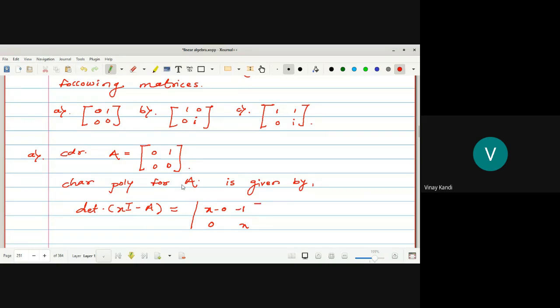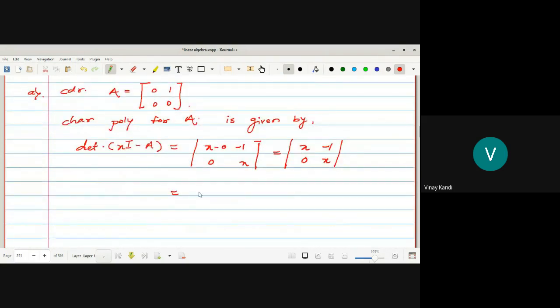So this is the determinant of the matrix x, minus 1, 0, x, which is equal to x into x squared minus 0, that is equal to x squared. So the determinant of xI minus A is equal to f of x.